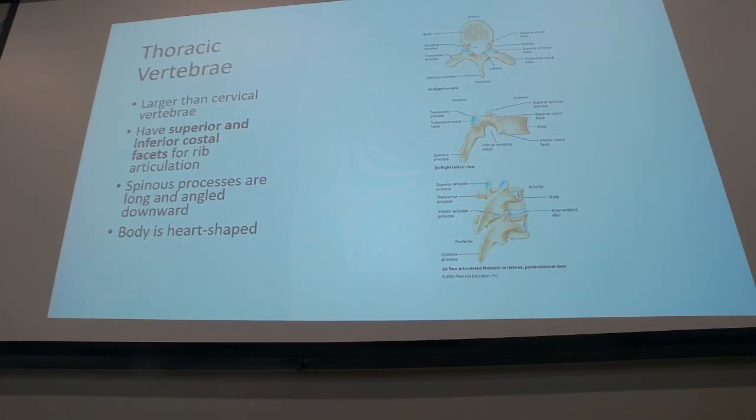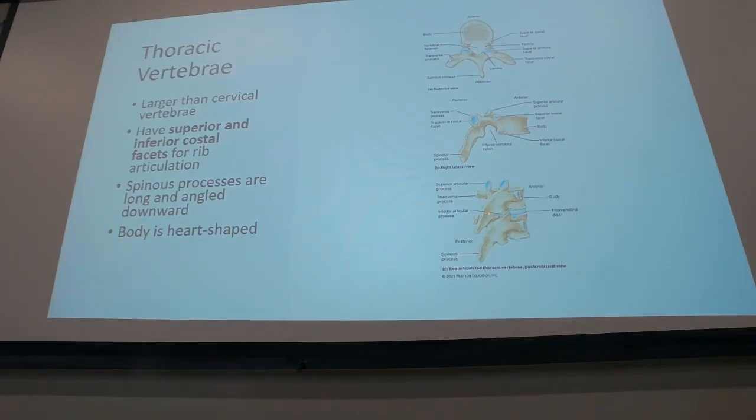And then for these thoracic vertebrae, you can see in this lateral view the superior costal facet and inferior costal facet at the edge of the body that is close to this inferior vertebral notch. And in this transverse process, you can see laterally the transverse costal facet.